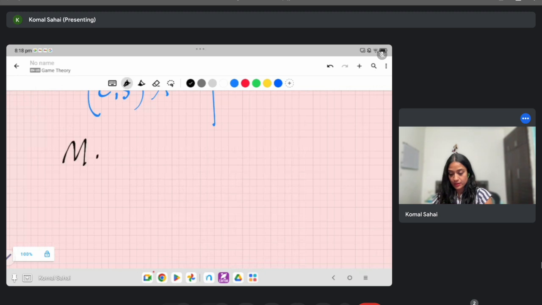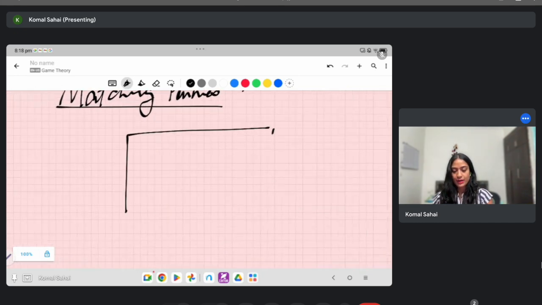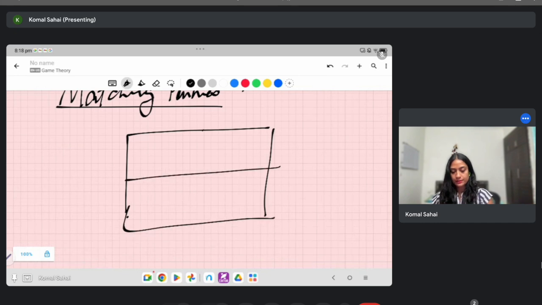Matching pennies. What was the case of matching pennies? This is what we had, that if both of them match, then this is the payoff.